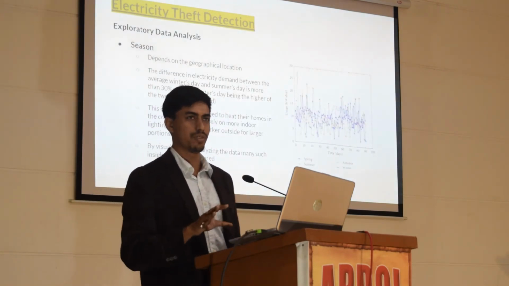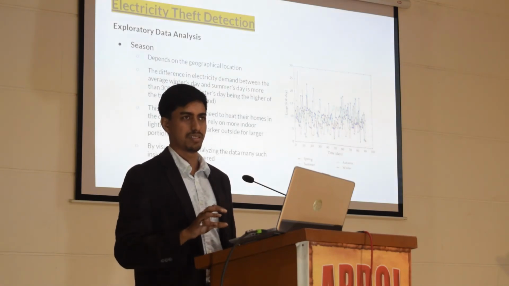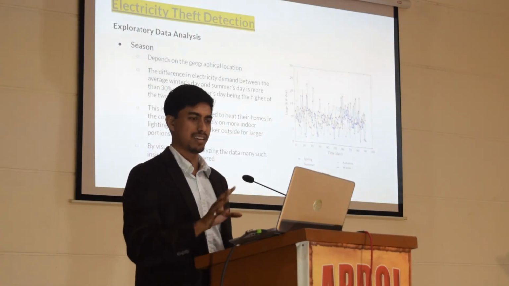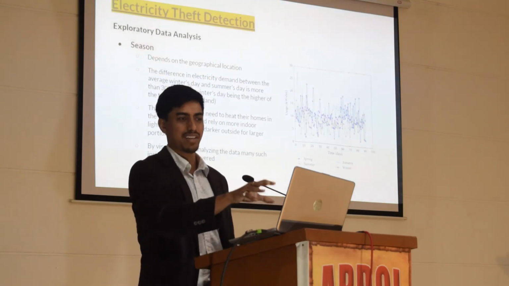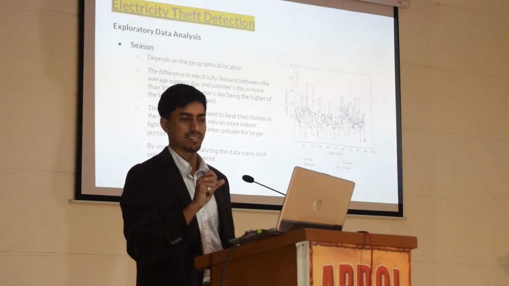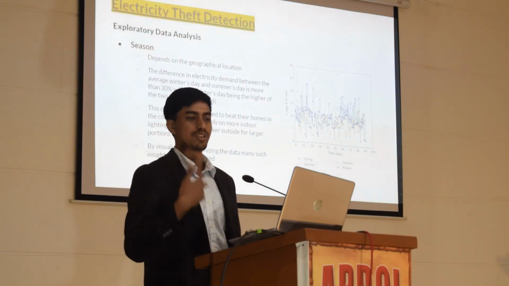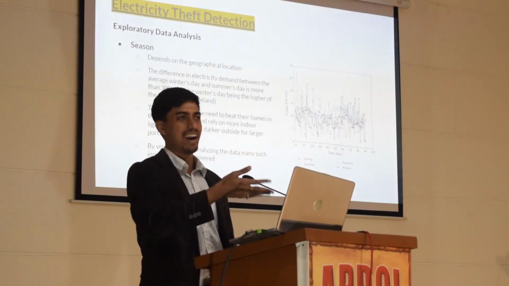Of course, Ireland is a very cold country, and they use a lot of heaters during the winter. We don't use heaters here. So you'll see a spike in the winter compared to the summer because of the use of heaters, which you will not see here. Those things are very interesting when you actually look at the data. So it's not that you can directly take data from Ireland and use it here.